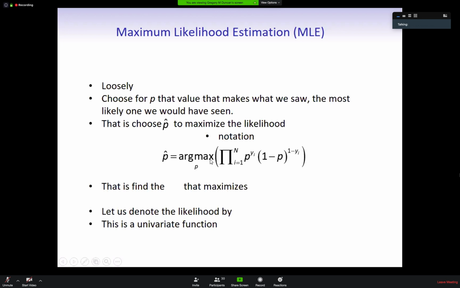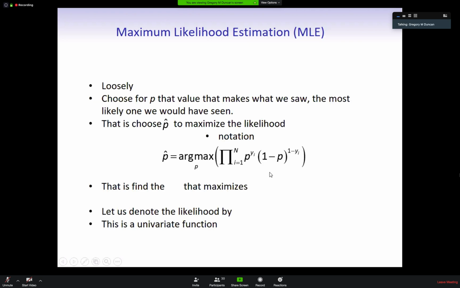Argmax. This is the argument, P. And so this says, find the argument, P, that maximizes this. So P hat is the P that maximizes this function.